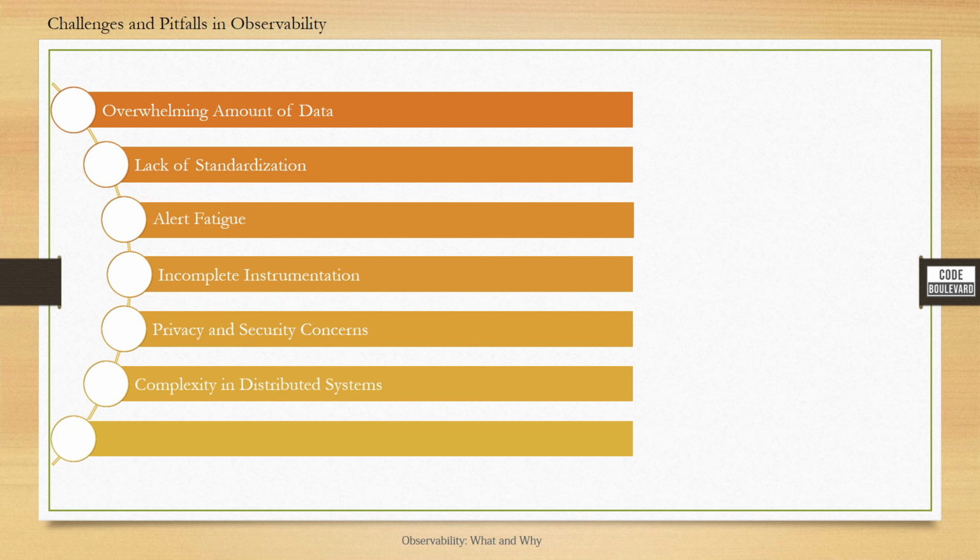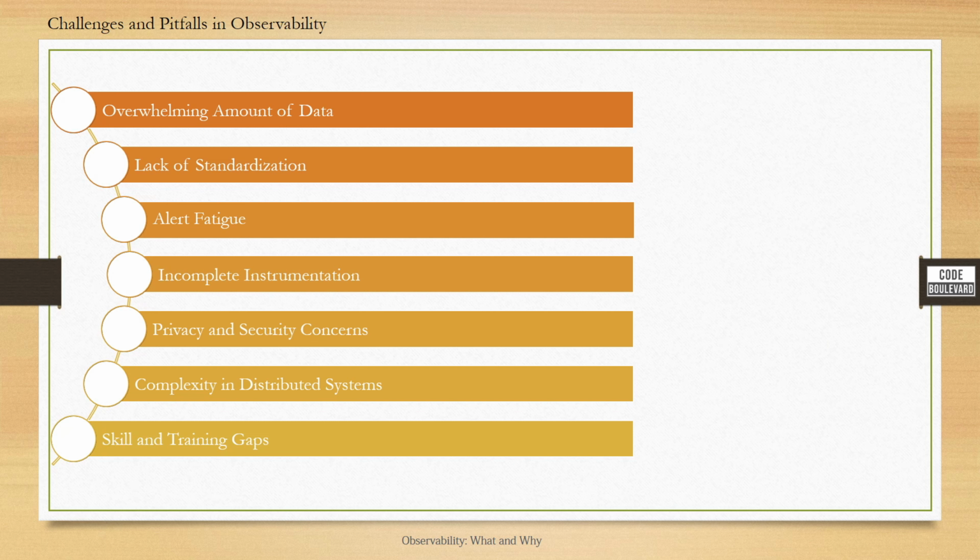Another one is complexity in distributed systems. Identifying the root cause of a performance issue might involve tracing a request through multiple services, each with its own set of logs and metrics. Without proper tools and practices, this complexity can lead to longer resolution times. And the last one is skill and training gaps. If team members are unfamiliar with the query language of a logging or monitoring tool, they may struggle to extract meaningful insights from the available data.